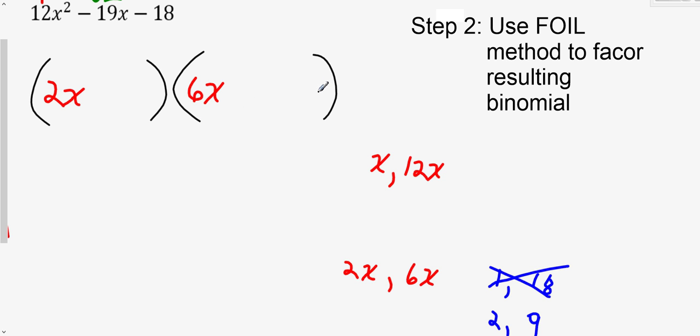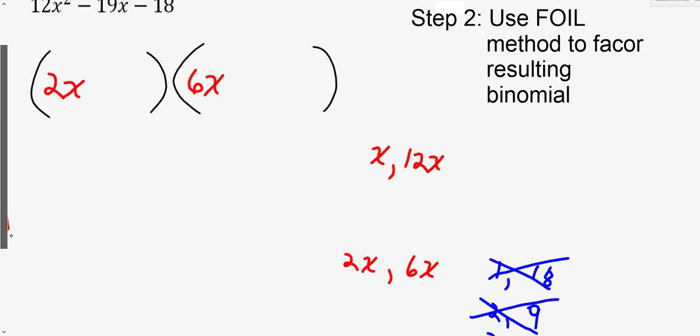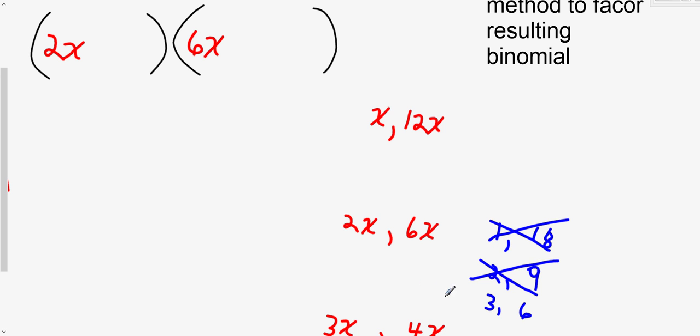So the 2 can't go here either because there's a common factor with 6. So 2 and 9 won't work because 2 can't go in either of those parentheses. All right, let's see. With the 3 and the 6, I can't put the 6 in either parenthesis either. 6 has a common factor with 2 and obviously with itself. So none of those work.